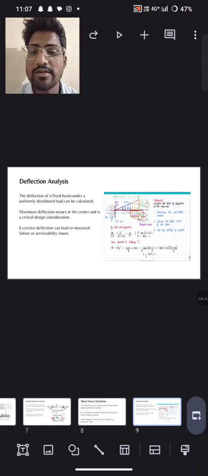Deflection analysis. The deflection of a fixed beam under a uniformly distributed load can be calculated.